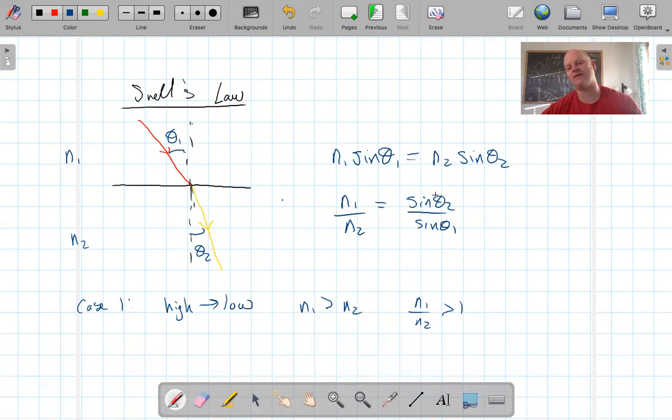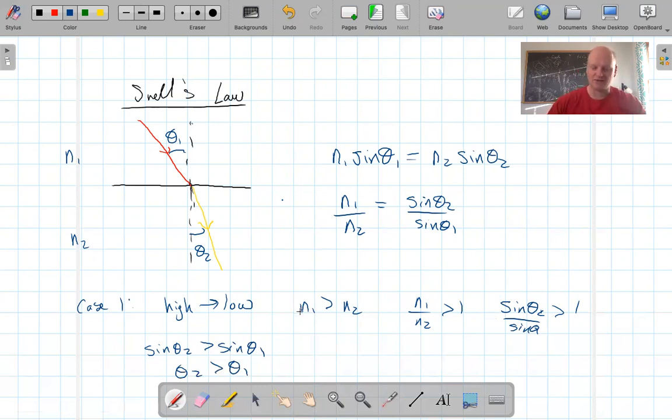To get this thing to be greater than 1, I want sine theta 2 divided by sine of theta 1 to also be bigger than 1, which means that I want sine of theta 2 to be bigger than sine of theta 1, which means that theta 2 must be bigger than theta 1. So that means that if n1 is greater than n2, meaning I go from a high index of refraction down to a low index of refraction, theta 2 must be greater than theta 1.